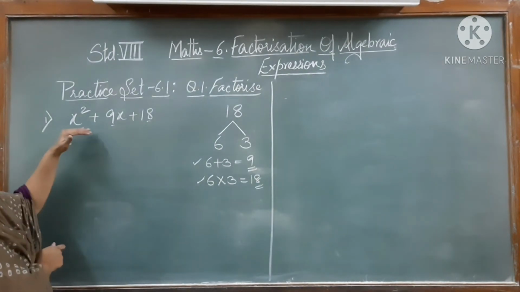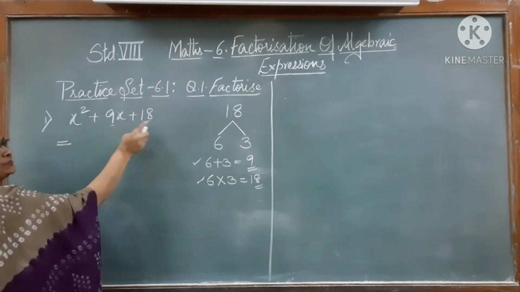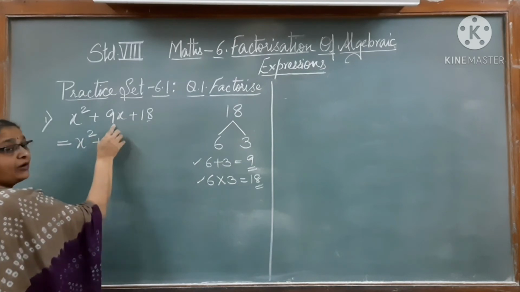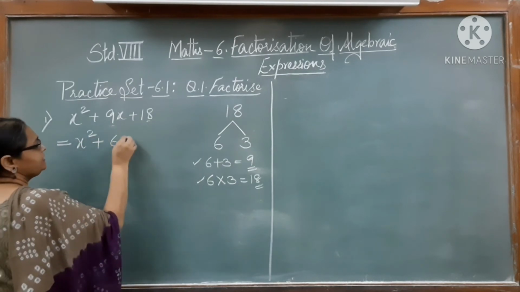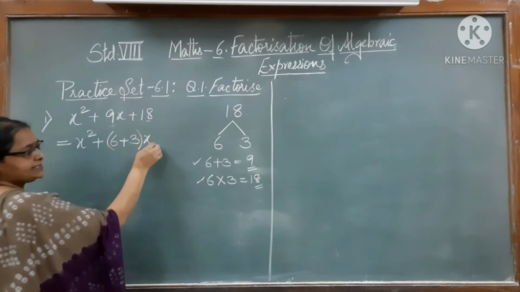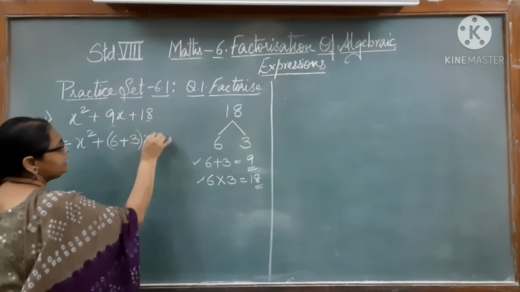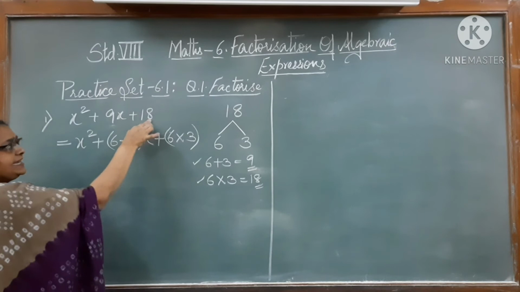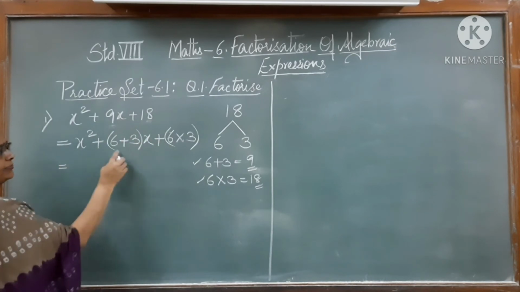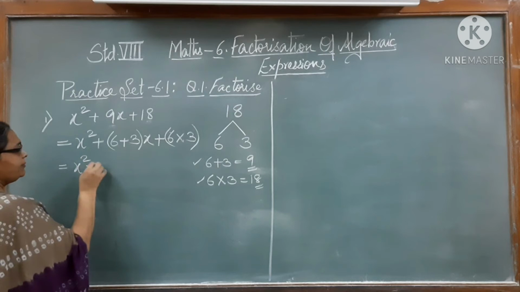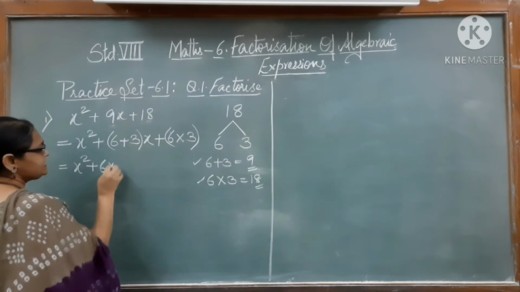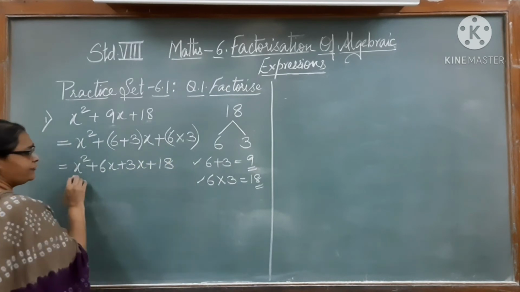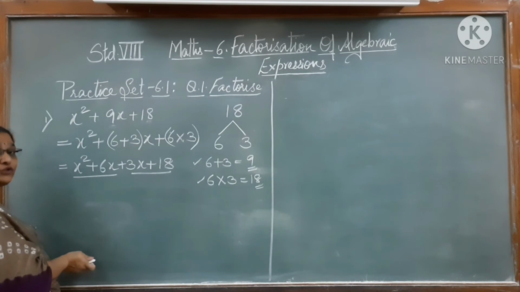Next step, x squared plus 9x plus 18 is equal to x squared plus 9x, which should now be written as 6 plus 3 into x, plus 6 into 3. 6 threes are 18, of course. That is equal to, let me remove the brackets, x squared plus 6 into x is 6x, plus 3x plus 6 threes are 18. Now divide the 4 terms into two groups of 2 terms each.